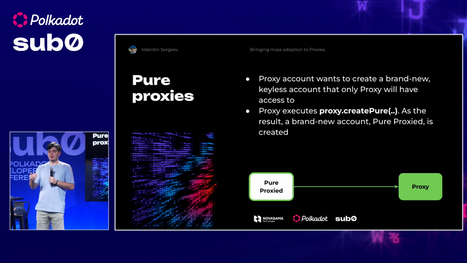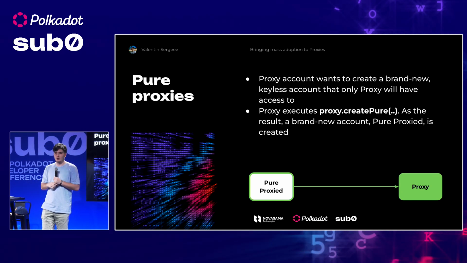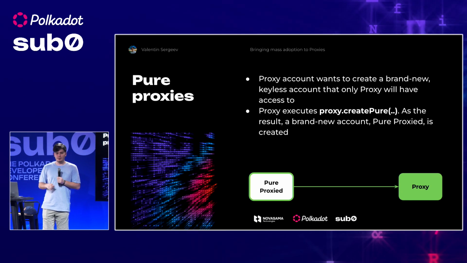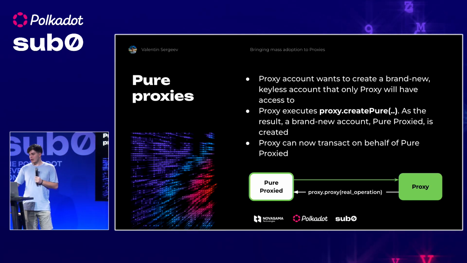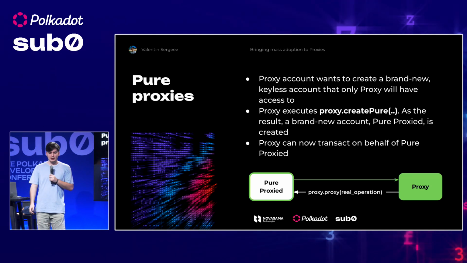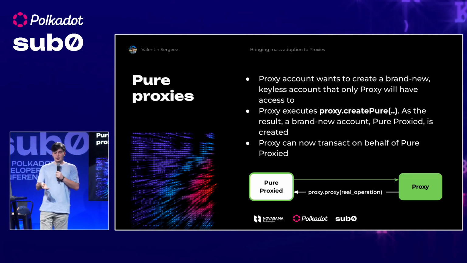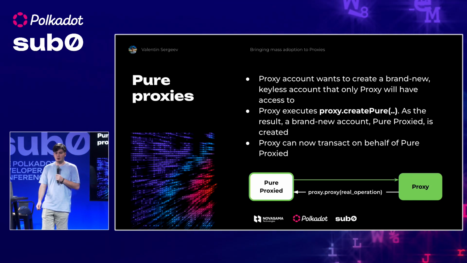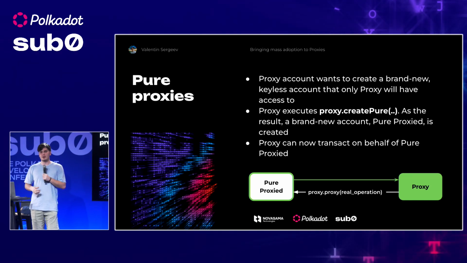So in a conservative way, you should always start with any proxy. Once the pure proxy is created, you can start using it from your proxy, which you used to initialize the creation, by doing the same operation, proxy.proxy. From now on, it's the same as with regular proxies. So only the creation process differs.